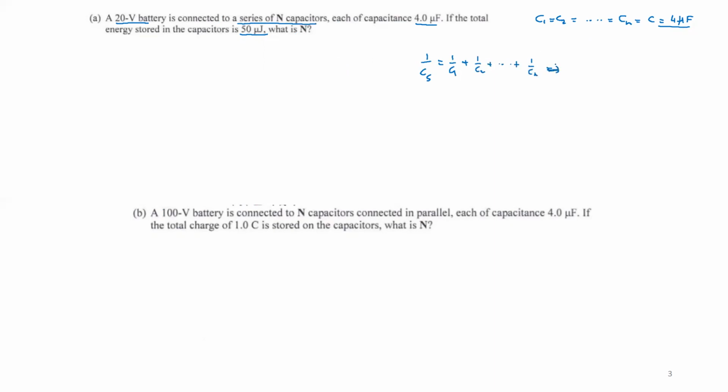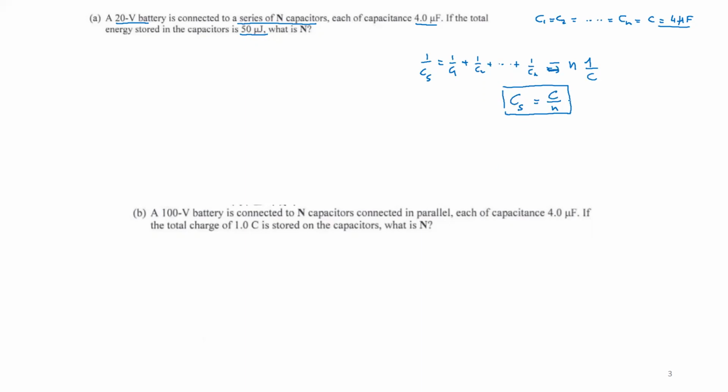So that means this is equal to what? N times 1 over C. So my C equivalent in series will be just C divided by N. And this is something very well known, okay? Of course, when I put my capacitors in series, the capacitance will decrease. If I put them in parallel, it will increase because I'm adding up. And that's the opposite of resistors, as we will see in chapters 27 and 28.